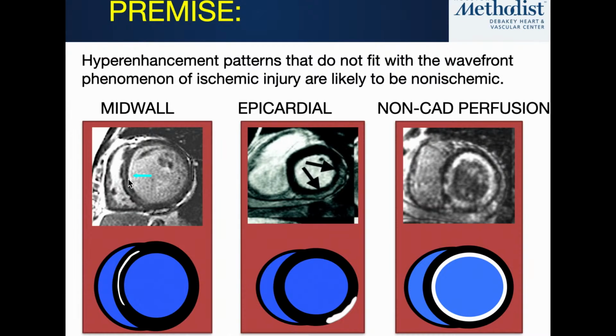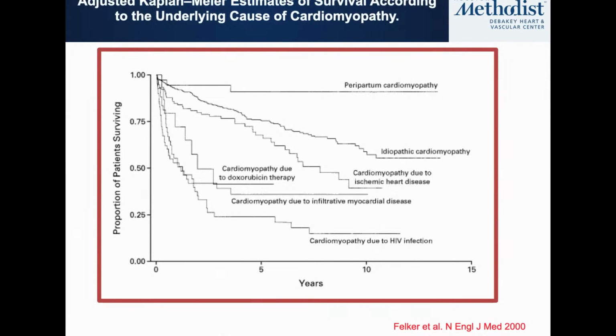You'll notice there are different patterns that can occur, such as a mid-wall pattern, an epicardial pattern, as shown in the middle here, or a global subendocardial pattern, which wouldn't fit a coronary artery perfusion territory. All of these cases are examples of myocardial damage that's not consistent with ischemic etiology. Whenever we see these, this is a clue to non-ischemic myocardial damage.